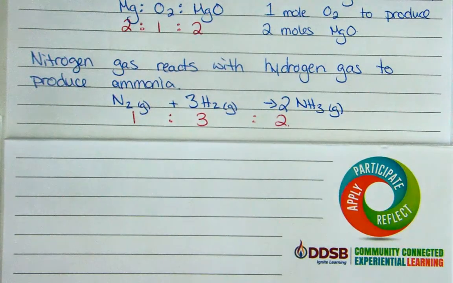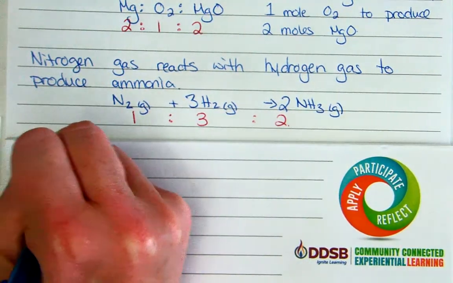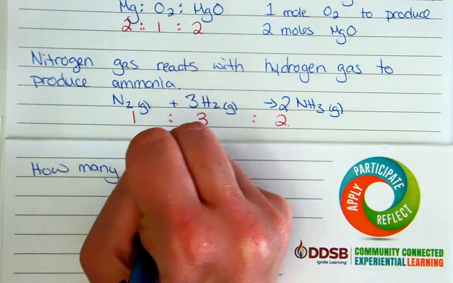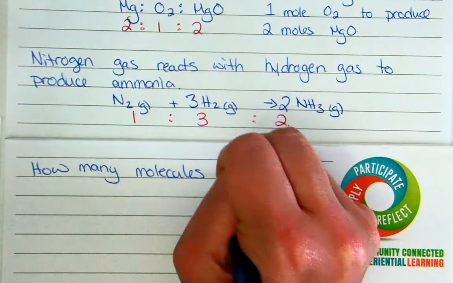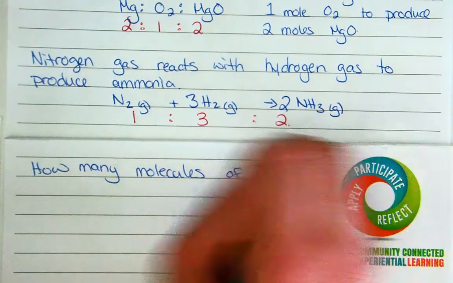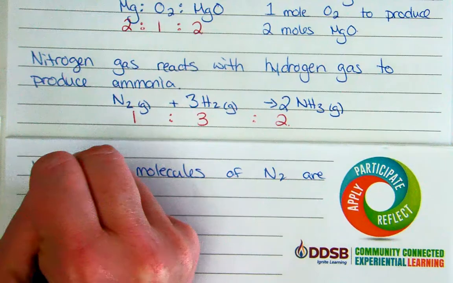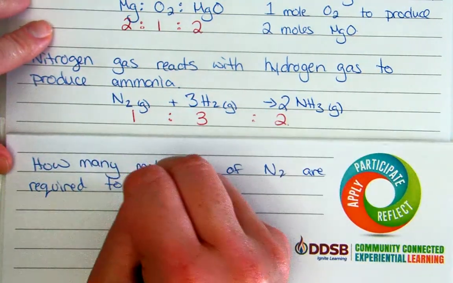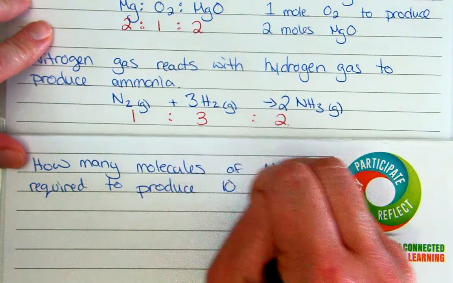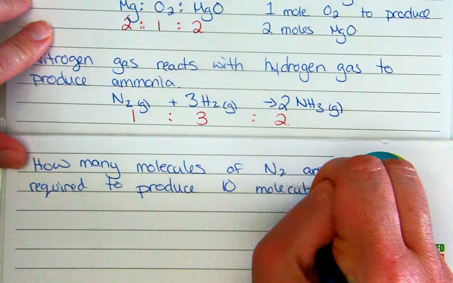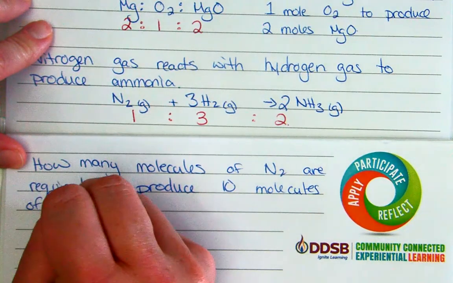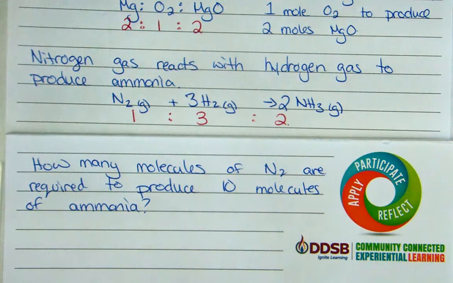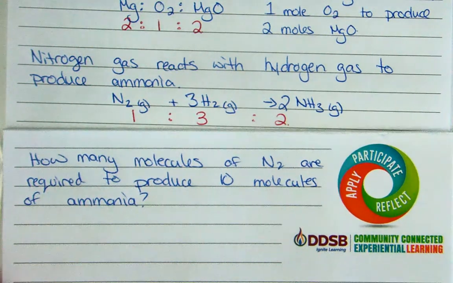So what I'd like to know is how many molecules of nitrogen gas are required to produce 10 molecules of ammonia. Well, I'm going to set up our proportion here.